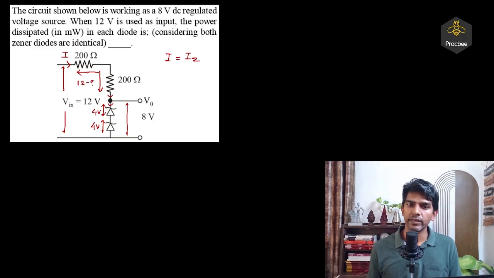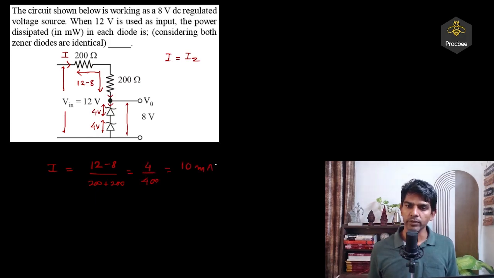Now the input resistors are 200 plus 200, 400. So the input current will be (12 minus 8) divided by (200 plus 200). So this comes out to be 4 over 400, or we can write this as 10 milliampere.